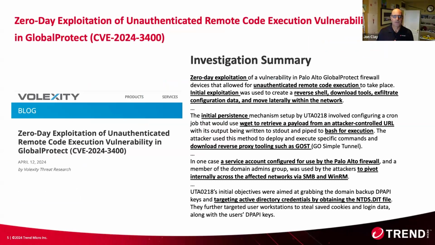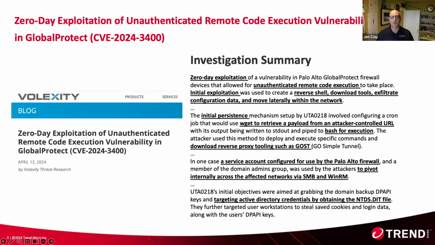When you look at the actual vulnerability itself, this was a zero-day exploitation of the GlobalProtect firewall devices. It allowed unauthenticated remote code execution to take place, which basically meant somebody remotely could execute code on the device itself. So it didn't need to have internal access to it.